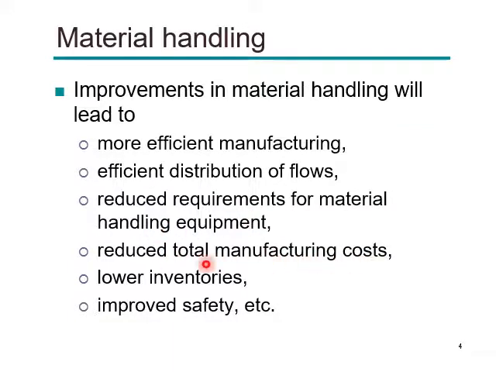Total manufacturing cost will be reduced, and you will obtain a competitive advantage. Your cost of the part will be reduced, and you can sell the item cheaper. Your inventory levels will be lowered, which means lowering inventory costs, and the space you need for the inventories will also be lowered.